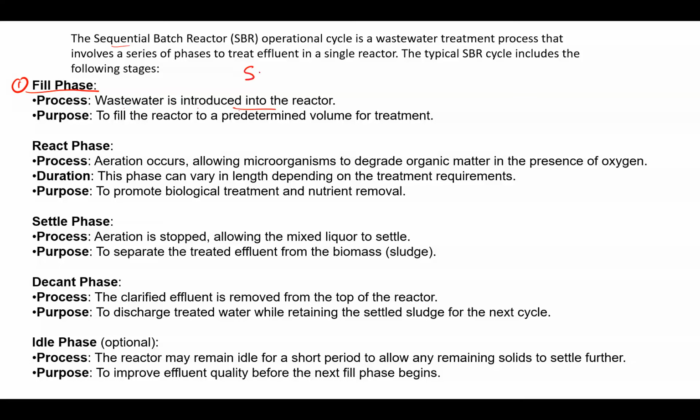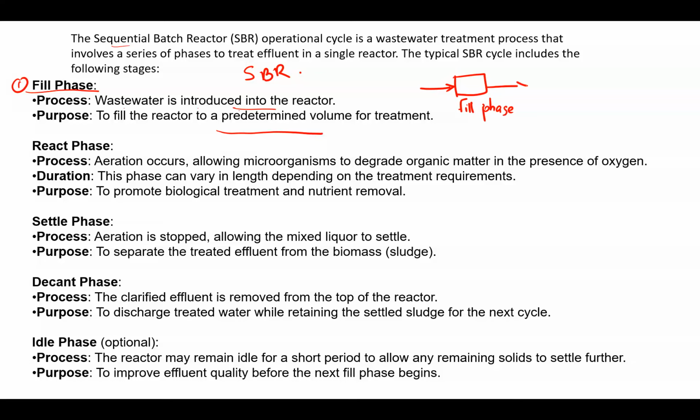We fill the predetermined volume of water as per the design calculation that we already calculated, in the first stage. That is the fill phase.